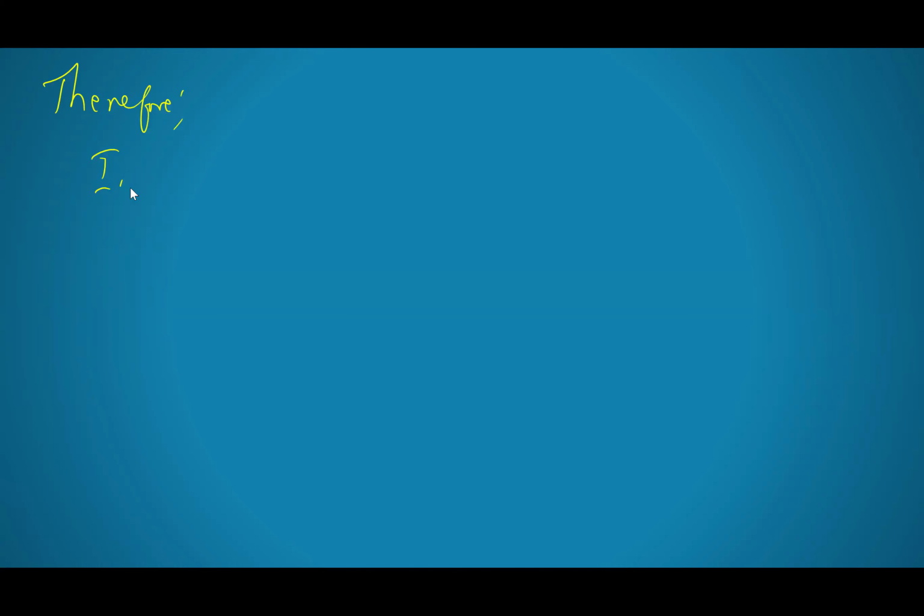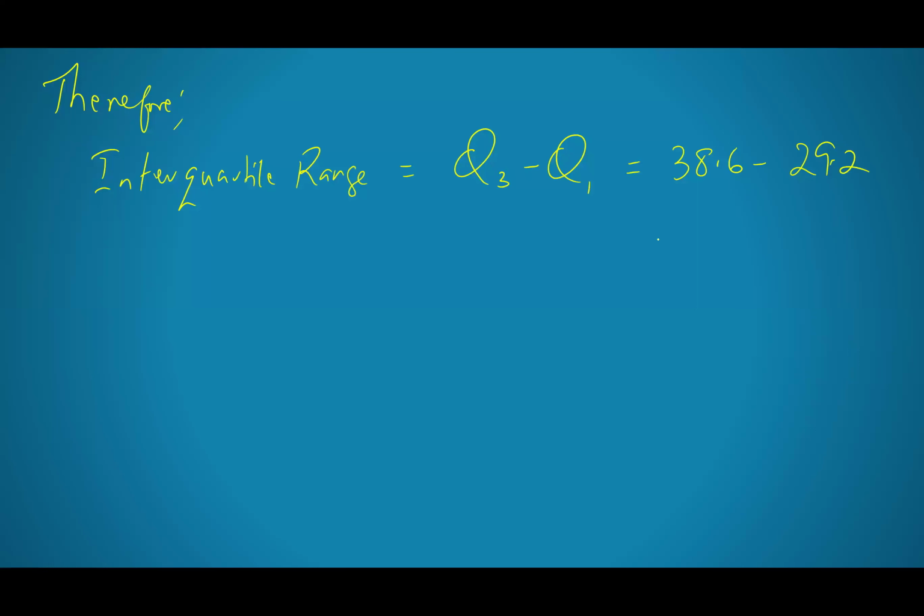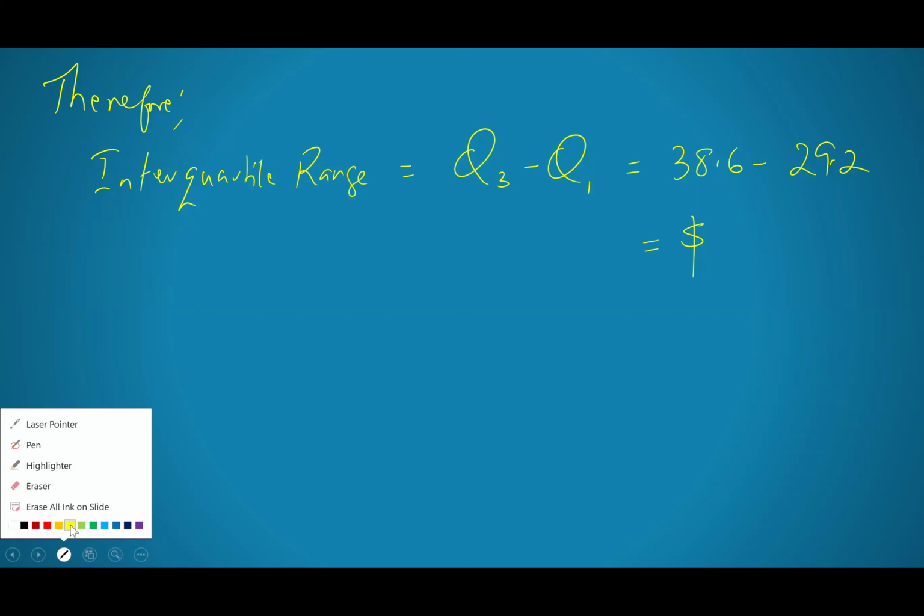The interquartile range is equal to Q3 minus Q1, which is going to be 38.6 minus 29.2, which is about how many dollars? Anybody the calculator? $9.4.